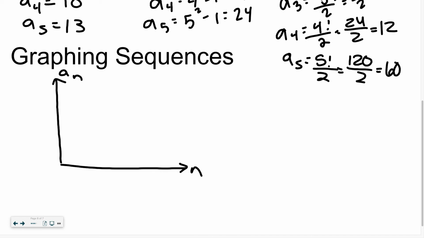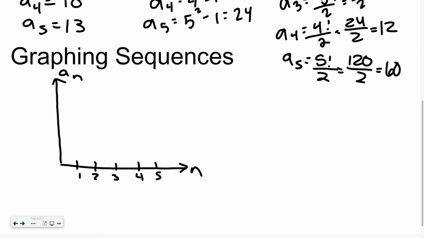It's only the positive quadrant, the first quadrant, because like I said at the beginning, we're going to assume most of the time that we start at the first term. So most likely, you're going to start at a point 1 to the right, and then you can do 2, 3, 4, 5. That's the different terms, or what terms you are addressing. And then a sub n is your actual value in your sequence.